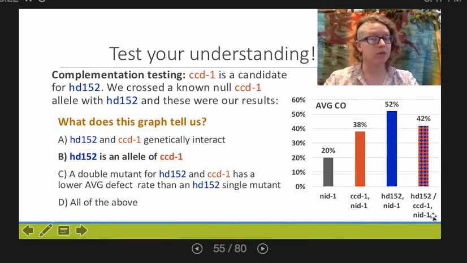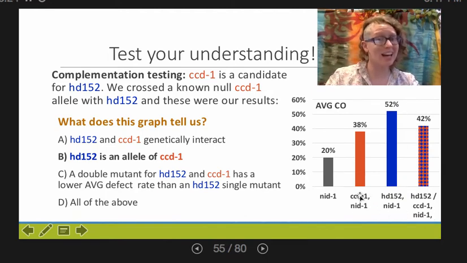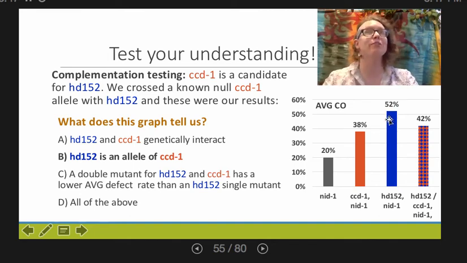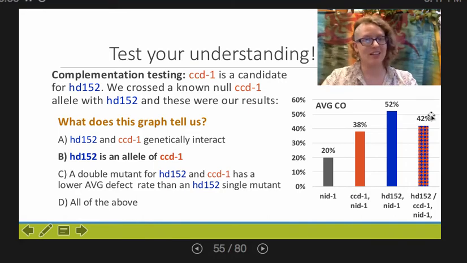This is not a double mutant, especially because HD152 and CCD1 are the same thing. If HD152 is an allele of CCD1, then both of these worms have different types of defectiveness of the same gene. Clearly this is less severe than this. So it's kind of fitting that this is in between, even though none of that difference is significant.